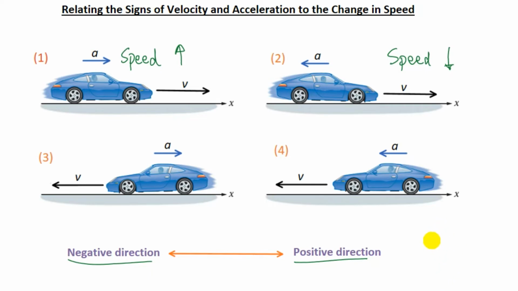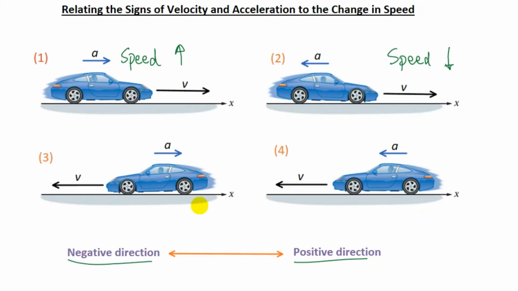Now you have to pause the video and try to figure out whether in these two cases the speed is increasing or decreasing. So I hope you were able to answer this question. Now let's discuss. In this case you can see that acceleration and velocity are pointing in the same direction.